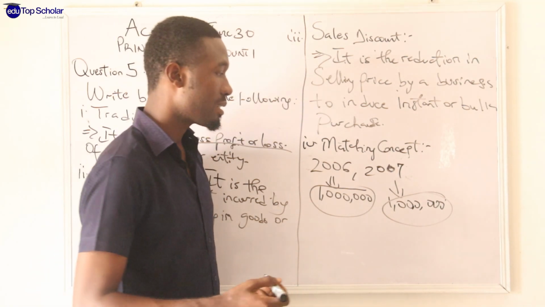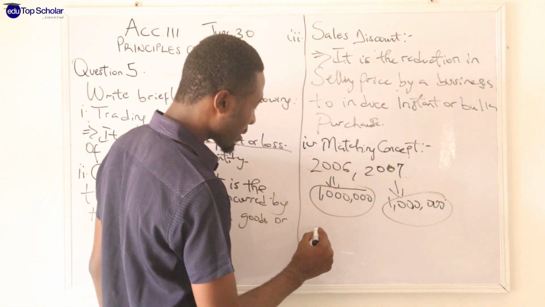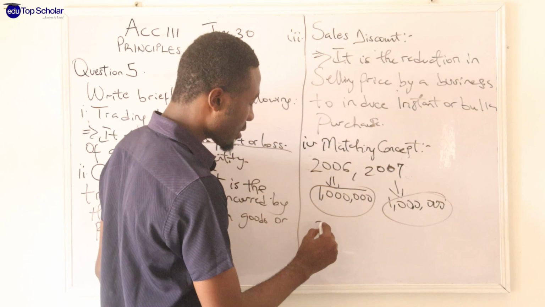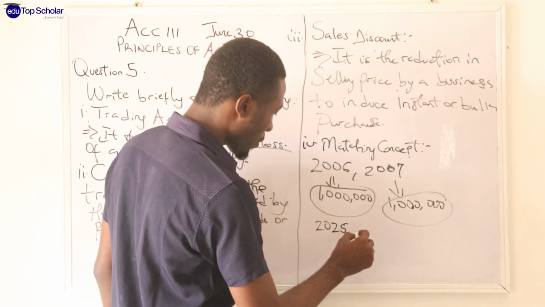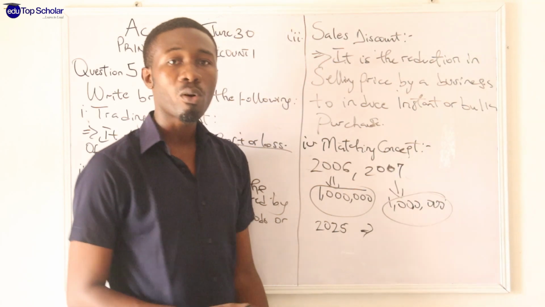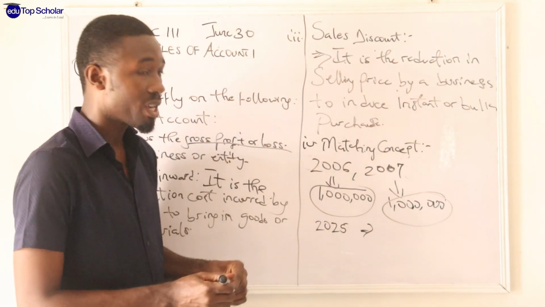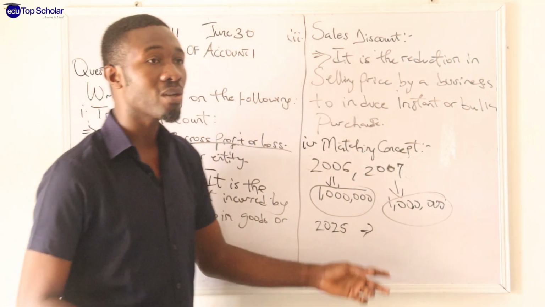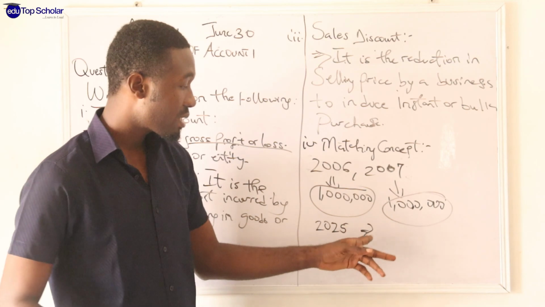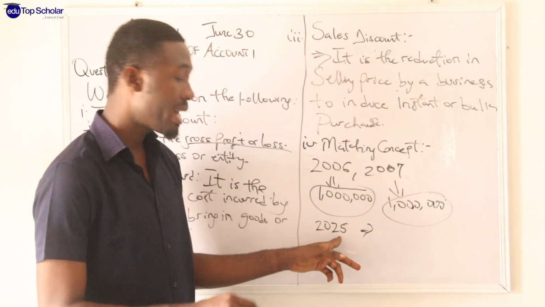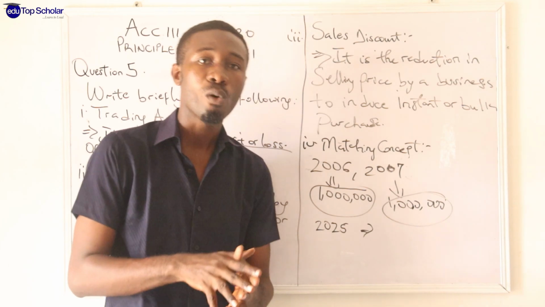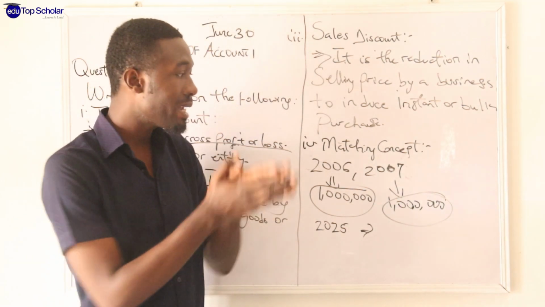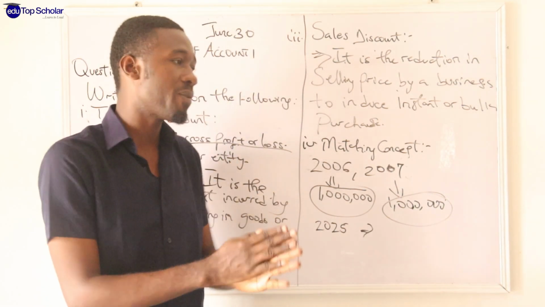For instance, rent. If you paid the rent of 2025 in 2024, you are not going to record it as a 2024 expense just because you paid it in advance. You must record it as an expense in 2025.